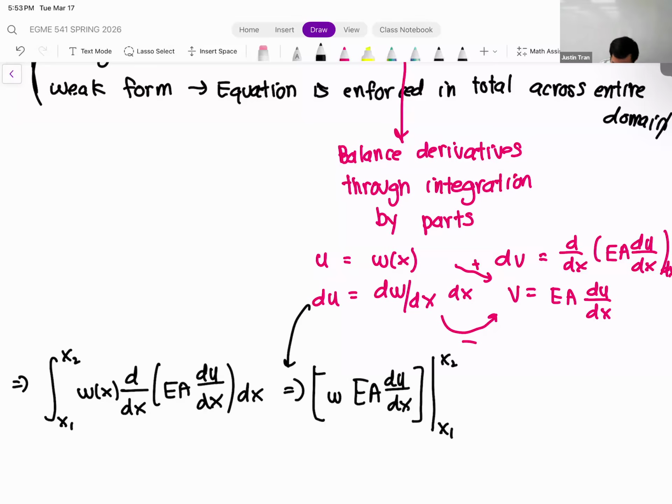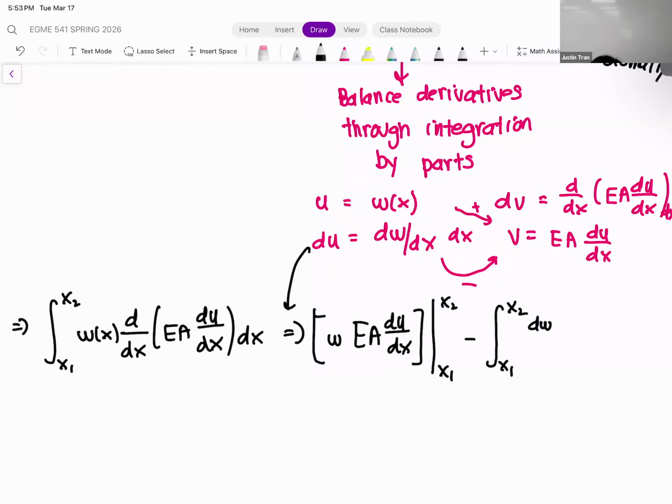Minus the integral from x1 to x2 of dw dx times EA du dx, dx.